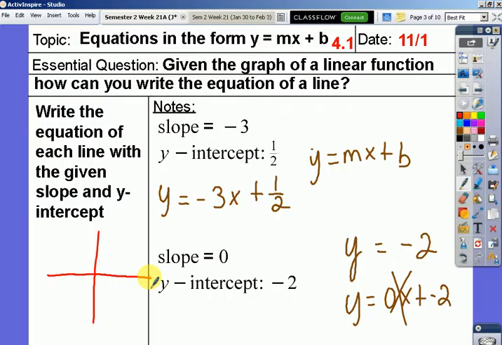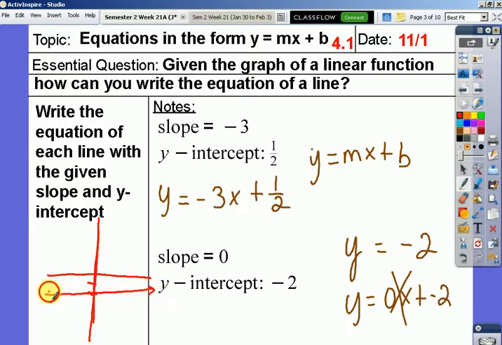The x-axis is horizontal, the y is vertical, right? So if you have y equals negative 2, go down to negative 2 for the y's, right? Right there, negative 2. And then you can't just draw this because you'll be on the axis, right? So it's going to be the horizontal line.